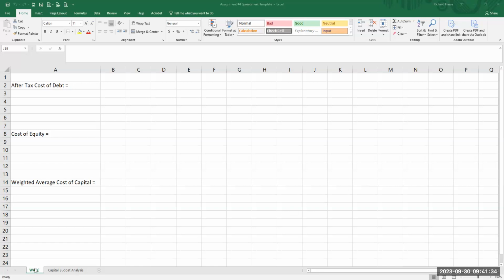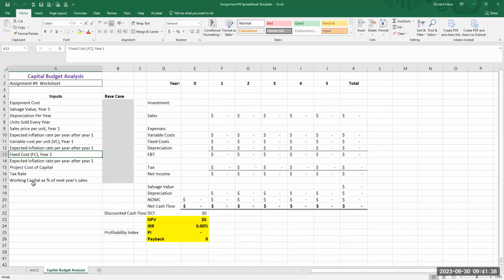Then you go to the next tab, and you now have that weighted average cost of capital, which would go right here. And then you have your other variables given in the problem. I want you to put these variables into this net cash flow format, determining the 5-year cash received or dispersed negative over the course of the 5-year depreciable life.